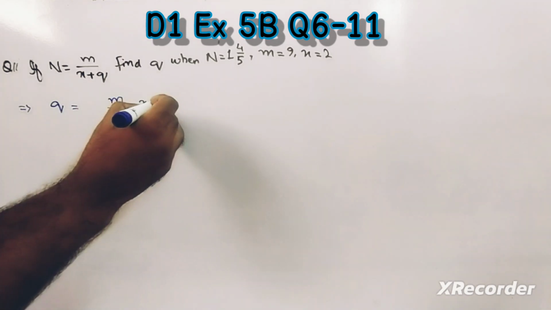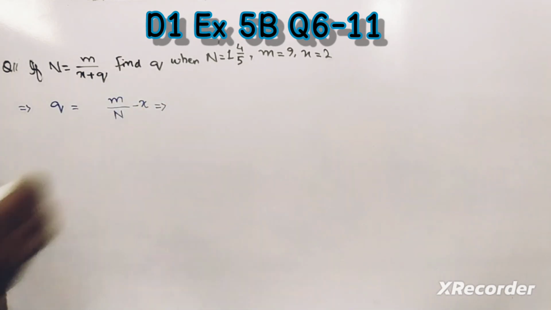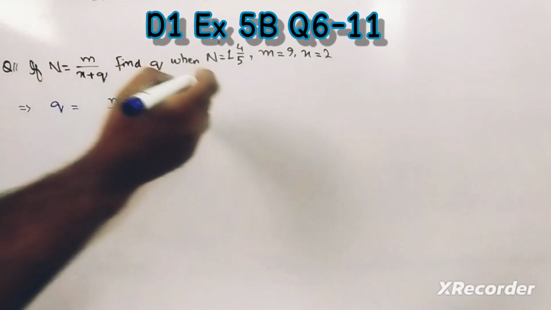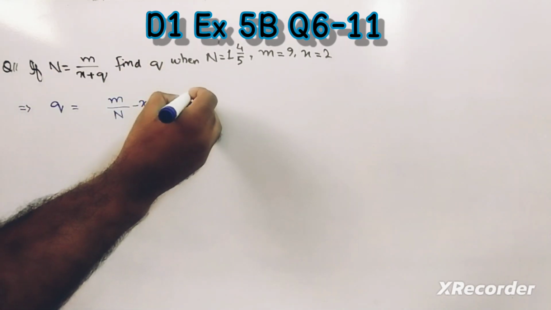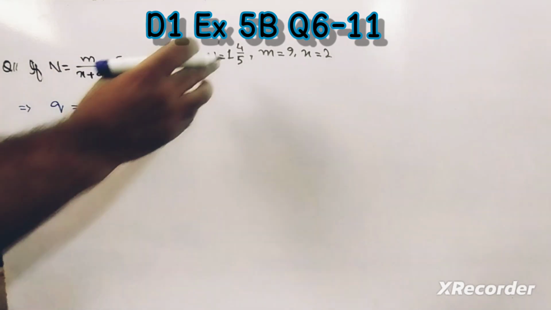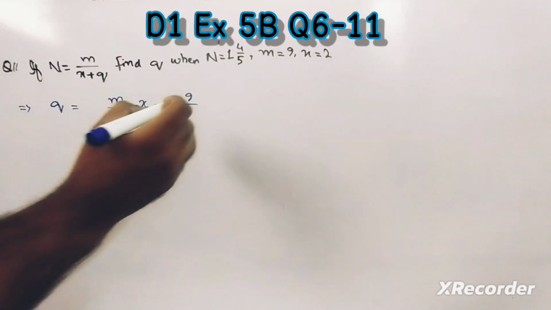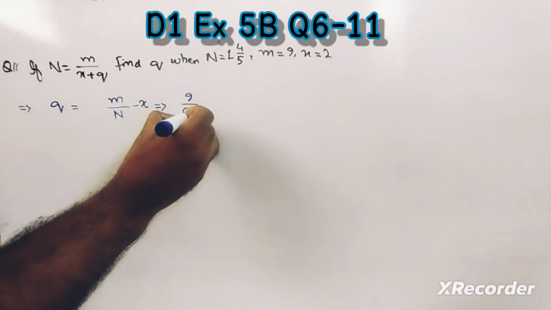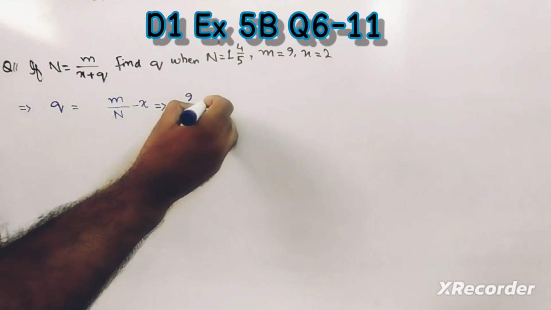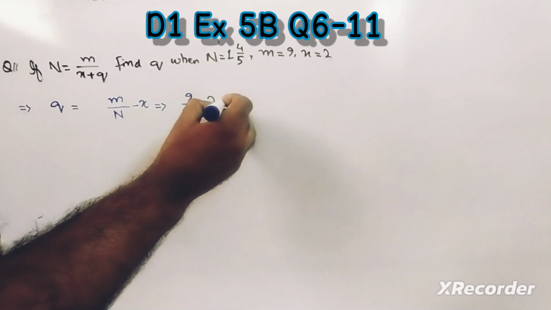Now putting the values that are given, m is 9 upon n is 1 whole 4 upon 5. It means 5 times 1 is 5 plus 4, so n is 9 upon 5. 9 upon 9 upon 5 minus x, minus 2.